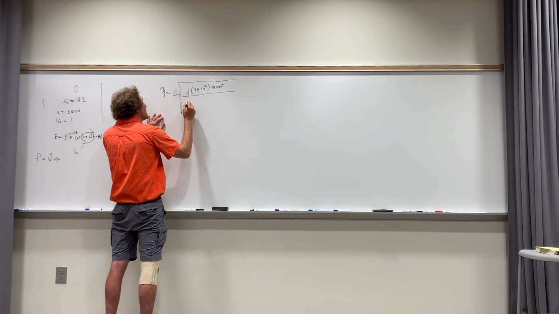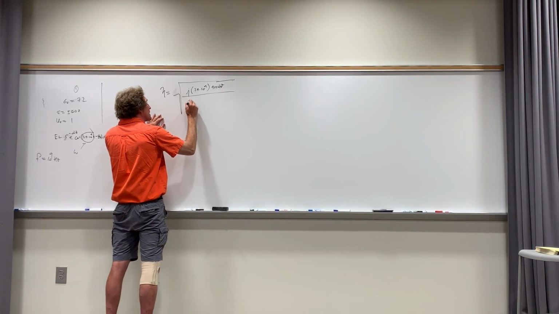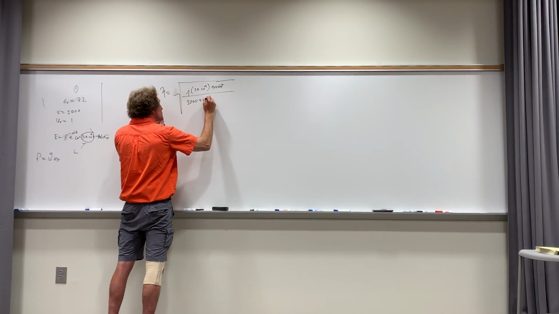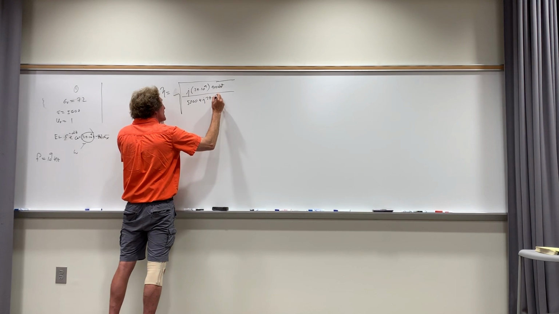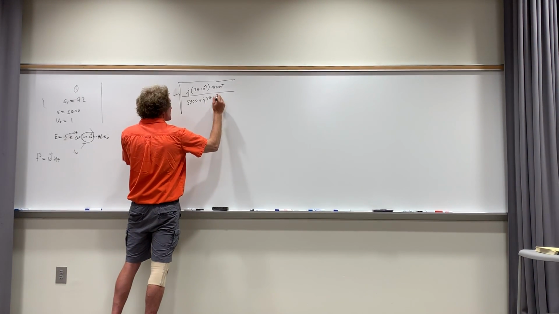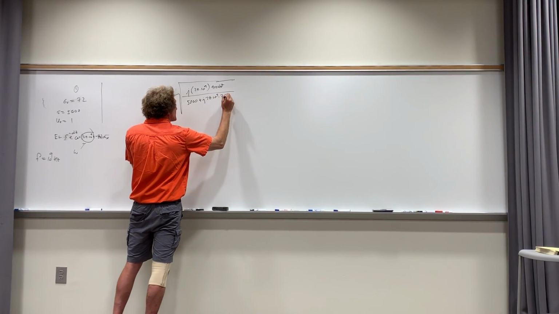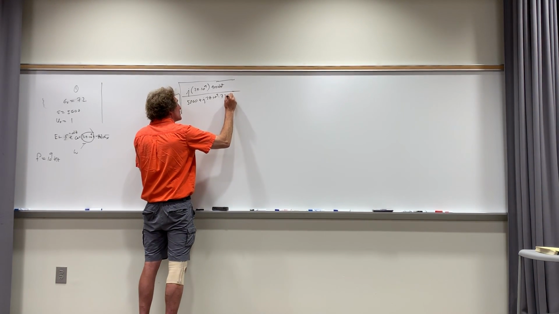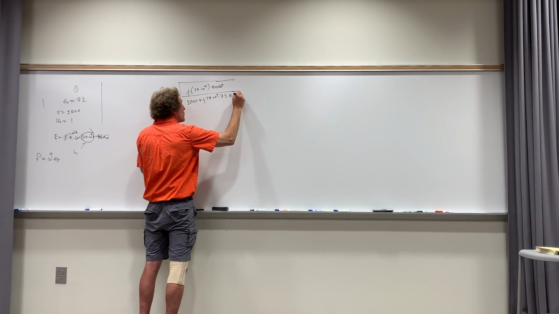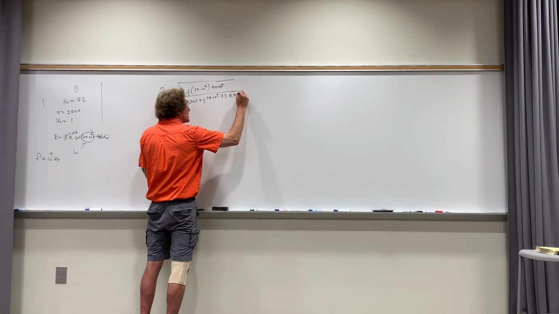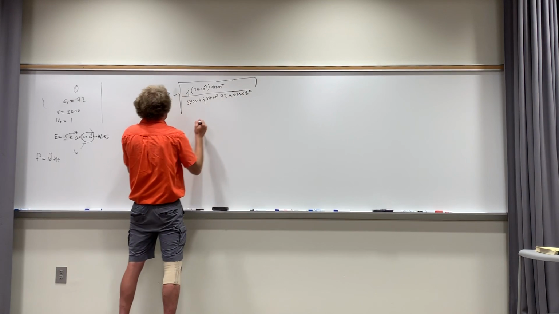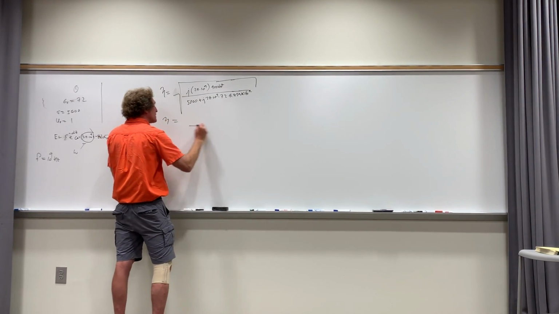Then it's over sigma, which is 5,000, plus j times omega, 2 pi times 10 to the 9th, times epsilon relative, which is 72, times epsilon naught, 8.854 times 10 to the minus 12th farads per meter. Now you have the intrinsic impedance.